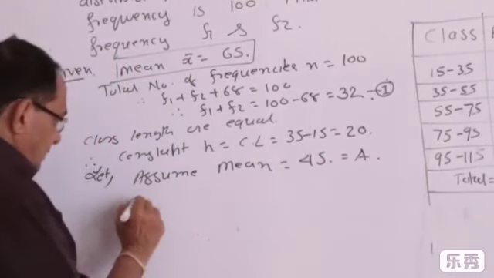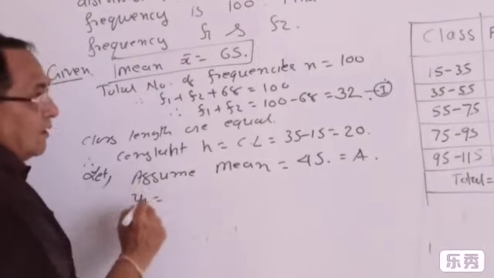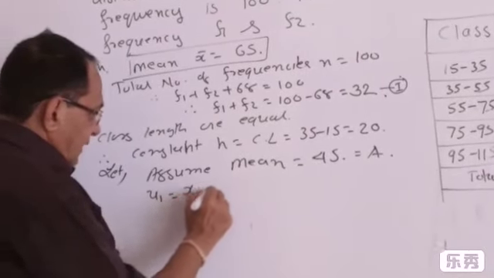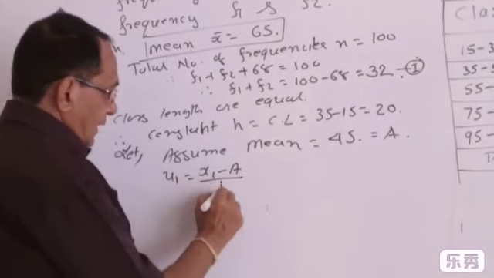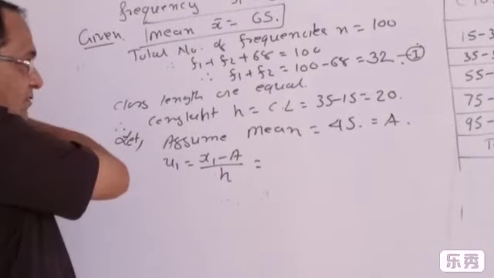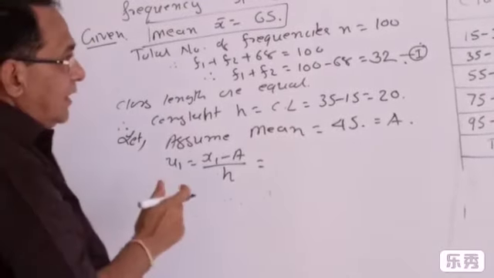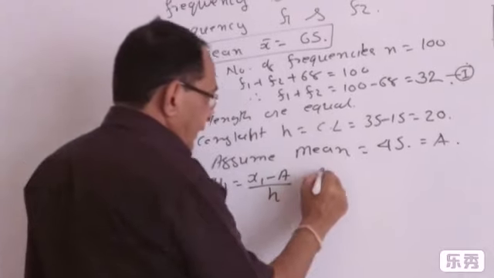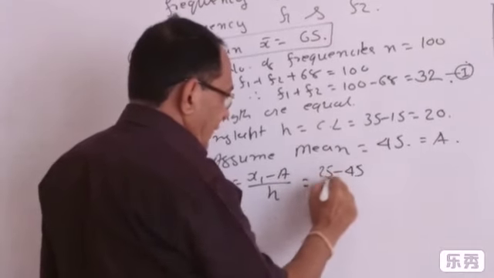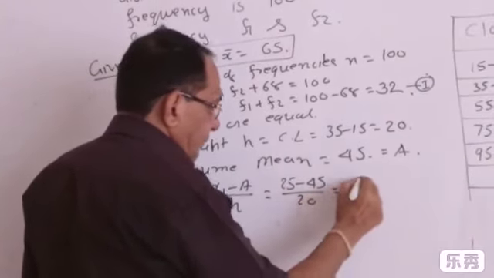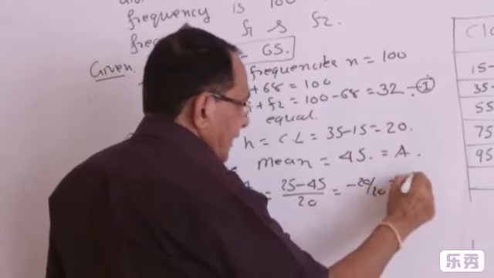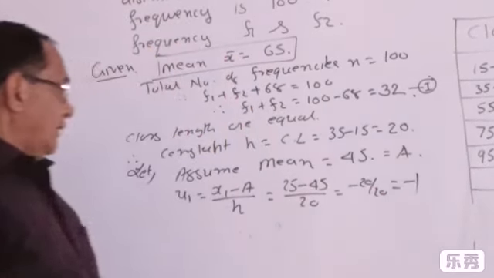So u1 is equal to x1 minus A upon h, 25 minus 45 upon 20, minus 20 upon 20, is equal to minus 1.